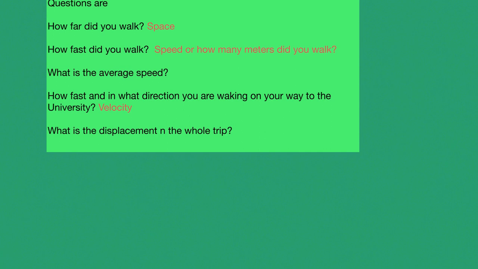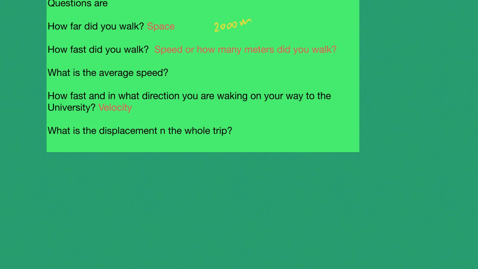This is the distance that you walked. It's not the displacement; we'll see what happens with the displacement. Sometimes the distance that you travel is the same as the displacement, but sometimes it is not at all.